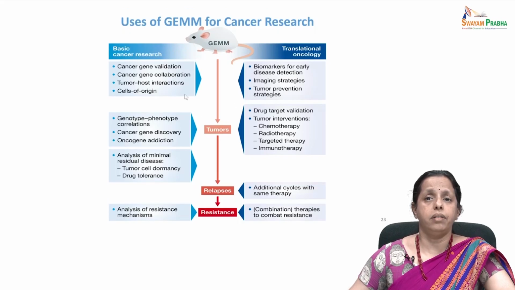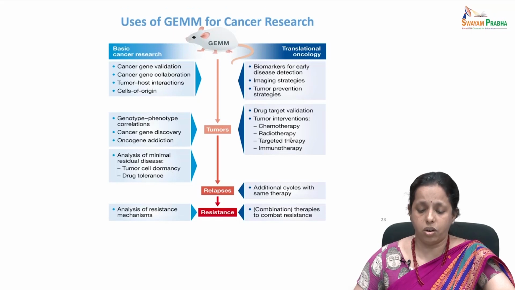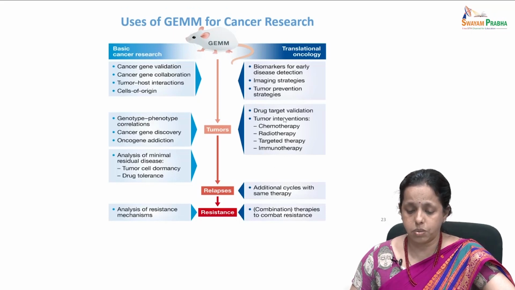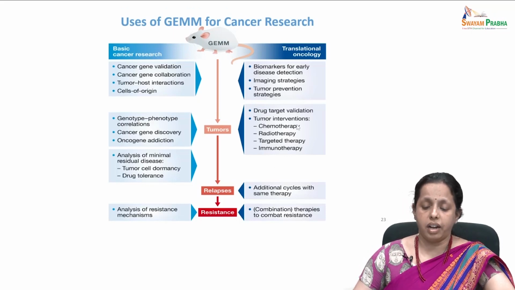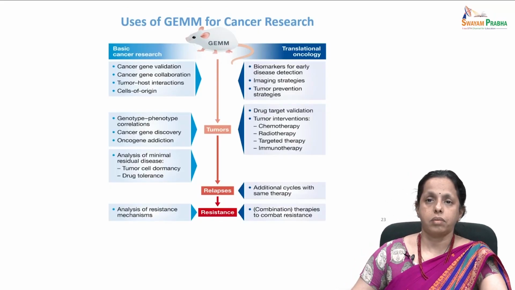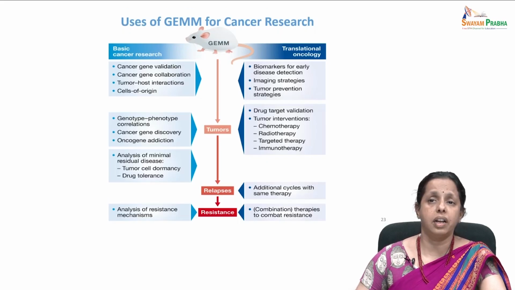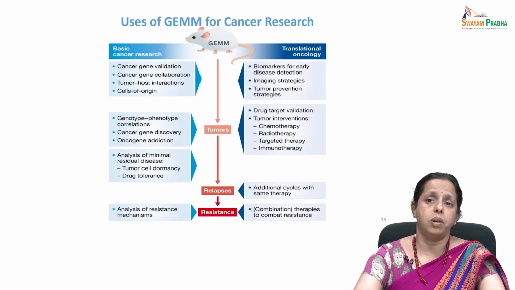So, here we can clearly see the different uses of the GEMs in both cancer basic research as well as translational oncology, and this is very well used especially to identify drug target validation and tumor interventions. To find the most effective treatment for cancer types, we heavily rely on preclinical research in animal models.